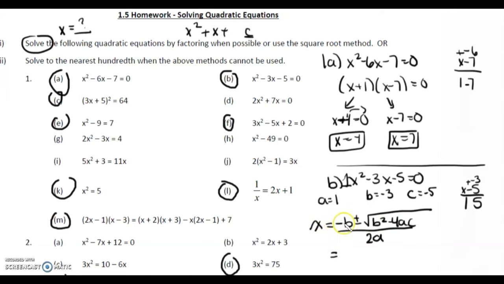So we have negative b. Whatever b is, we negate it because of this negative sign. So we have 3 plus minus the square root of b squared, which is -3 squared, minus 4 times a, which is 1, times c, which is -5.